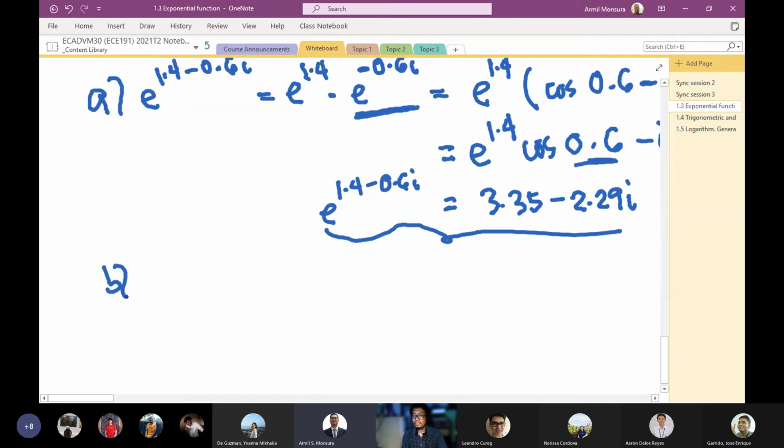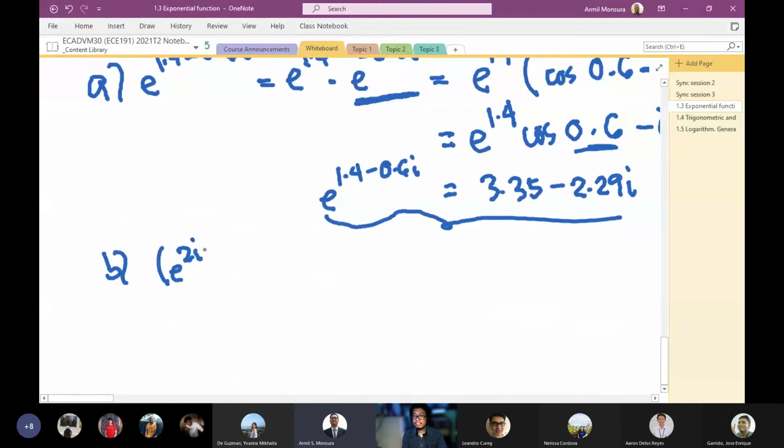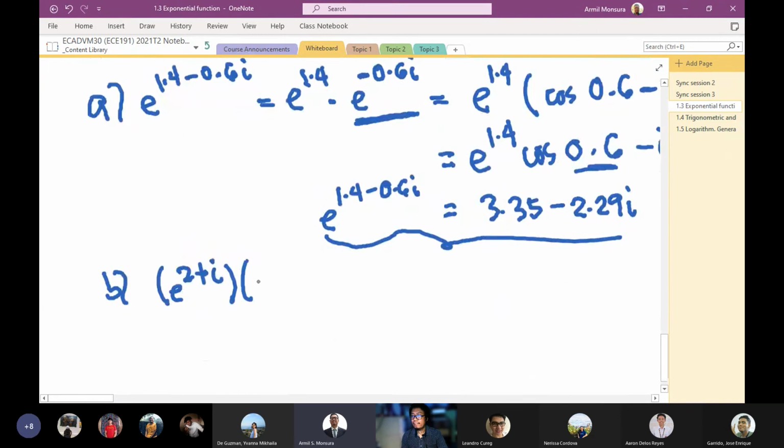So let us find the product of e raised to 2 plus i, times e raised to 4 minus i. So this one can be written as e raised to 2 times e raised to i. Tama ba?